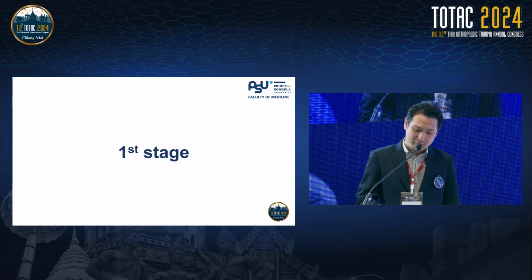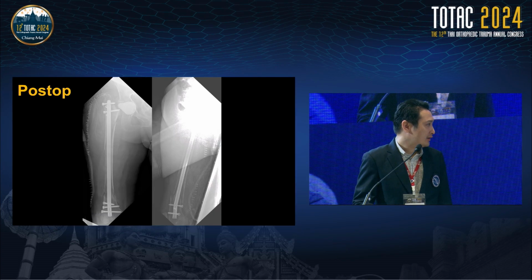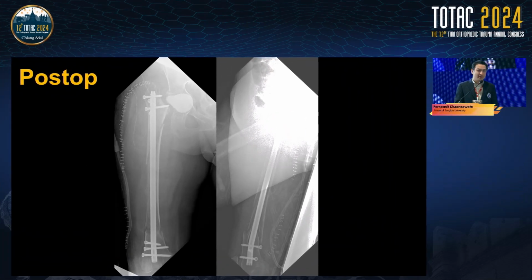In the first stage, we tried to make the bone heal first, so we did retrograde nailing. We set up the patient in the lateral decubitus position and took off the acetabular cup. I pressed the nail and fixed it here at the distal part, and we put the nail a bit more proximal than normal because there is no bone stock here.